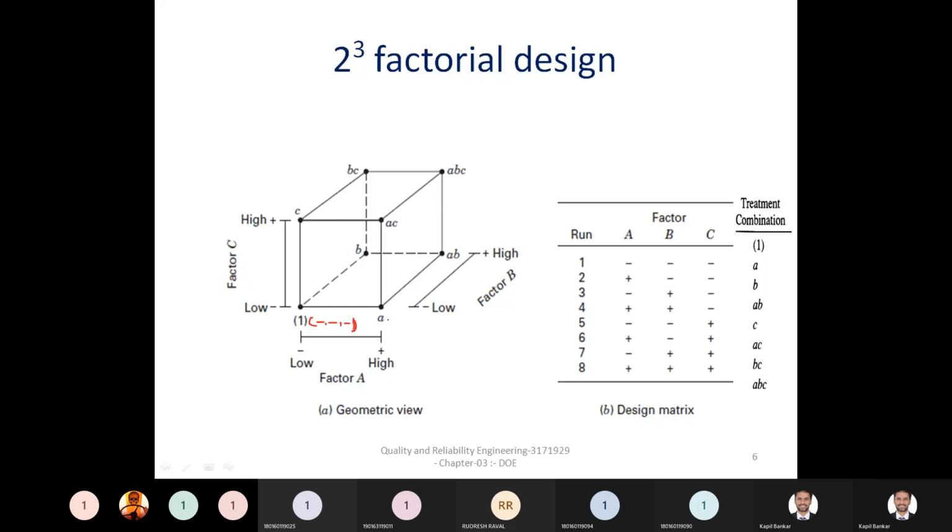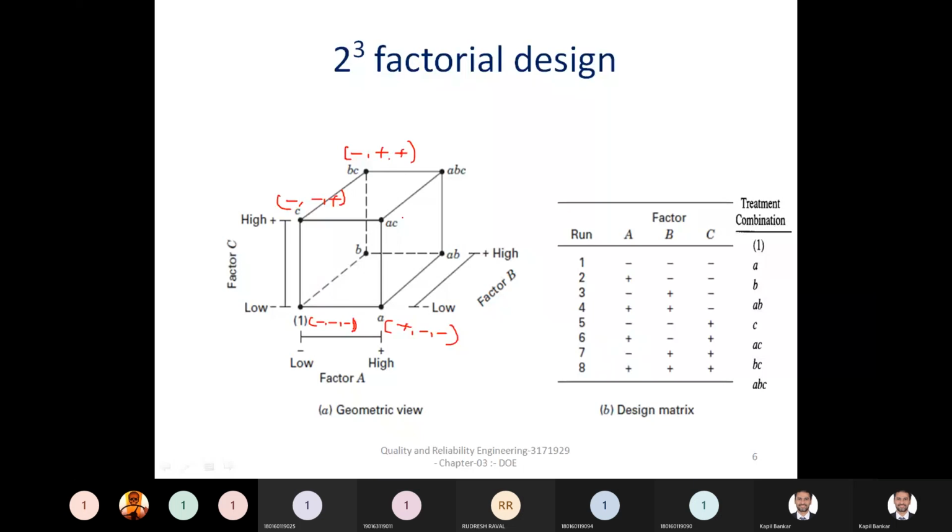Okay. A means plus. A would be plus, then remaining minus. C means only the C factor could be positive, remaining negative, means A is negative, B is negative, and C will be positive, plus. BC means B and C factors will be positive. So A is negative, B is positive, C is positive.